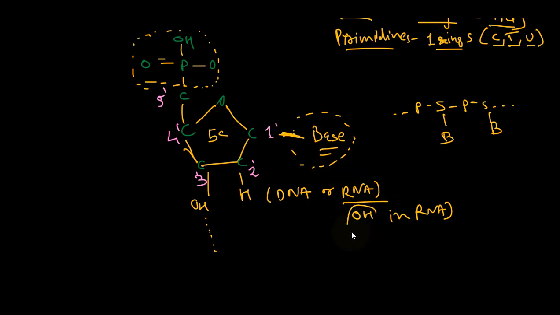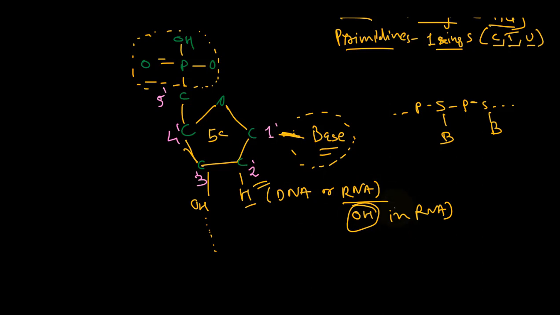Now I talk about the RNA. There is a difference in the sugar: there is presence of the OH group and there is lack of the OH group. That makes the difference between DNA and RNA. Due to this OH group, the RNA is more reactive than DNA, and it is susceptible to hydrolysis.